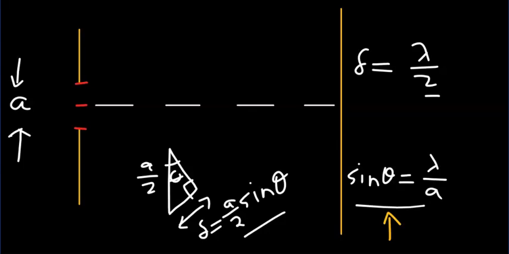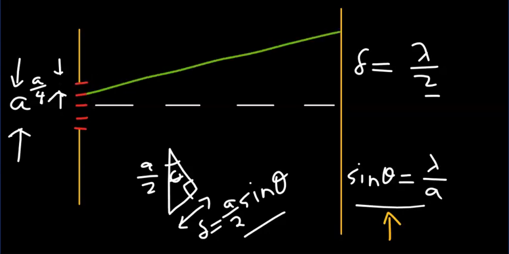The action of splitting the slit into two equal segments is not unique, meaning we can split it into 4 equal segments. Each has a width of a over 4. If this were the case, let's analyze two light rays, light ray 1 and light ray 2, hitting a spot on the screen like that.